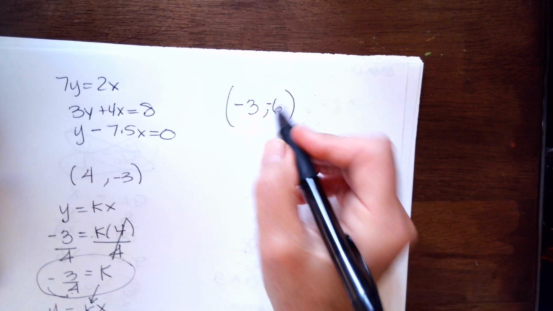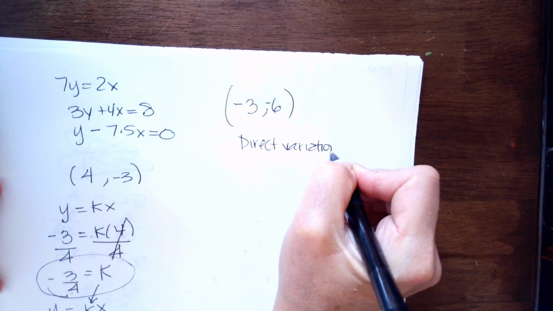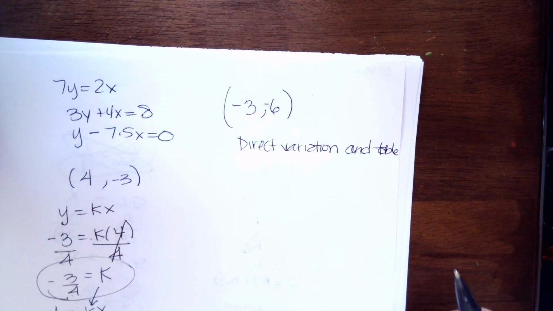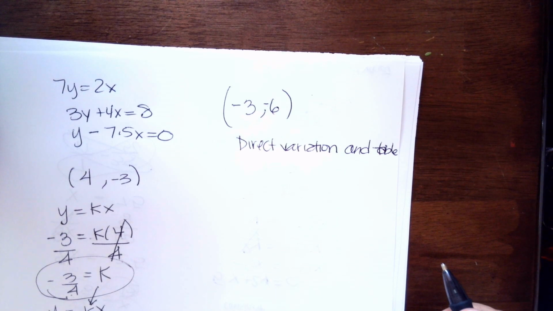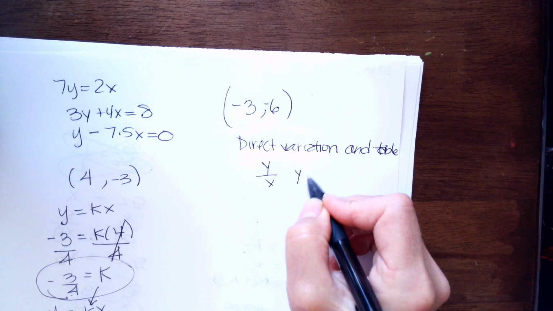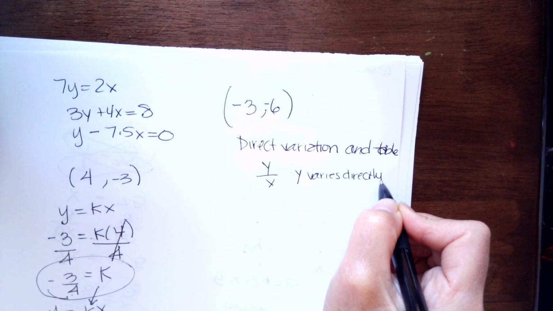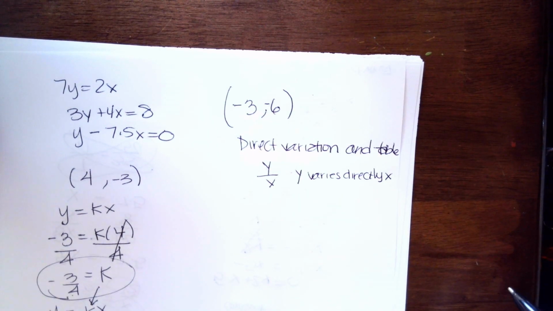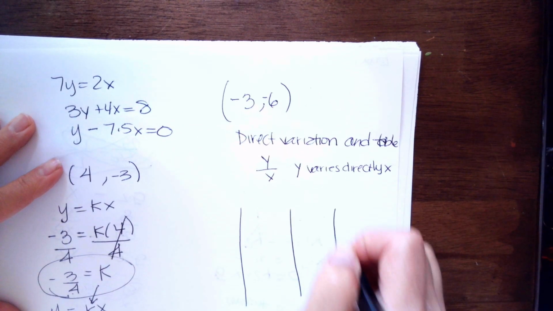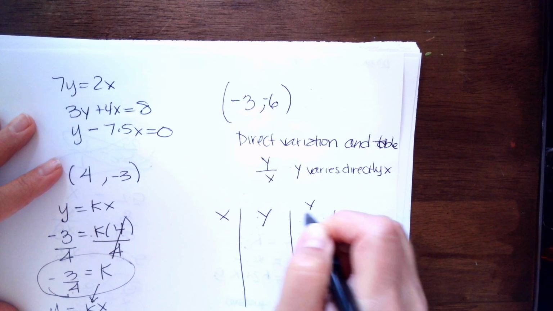So you might have direct variations in tables, and if you have that, this is what you are going to have on your paper. For each table, use the ratio y over x to tell whether y varies directly with x. If it does, write an equation for the direct variation. So they're going to give you some points, x, y, and y over x.